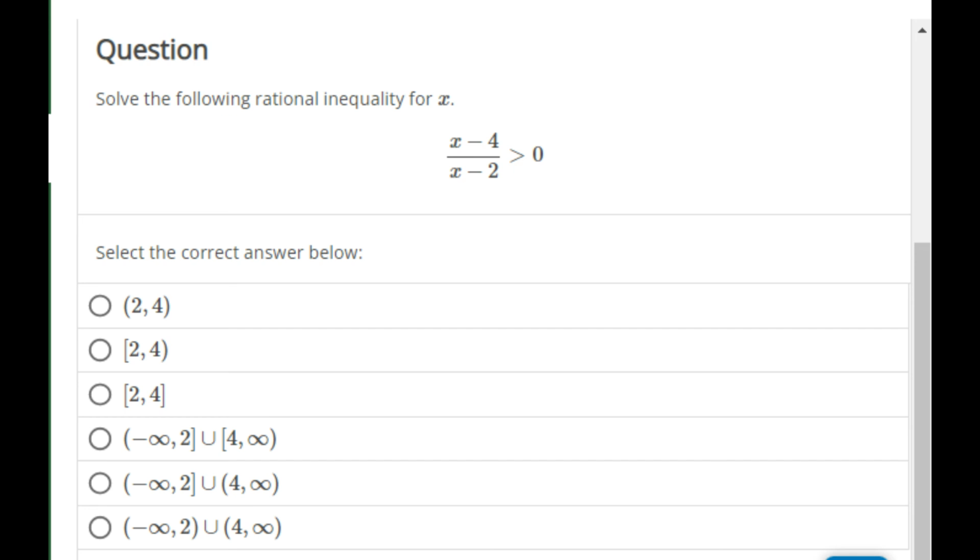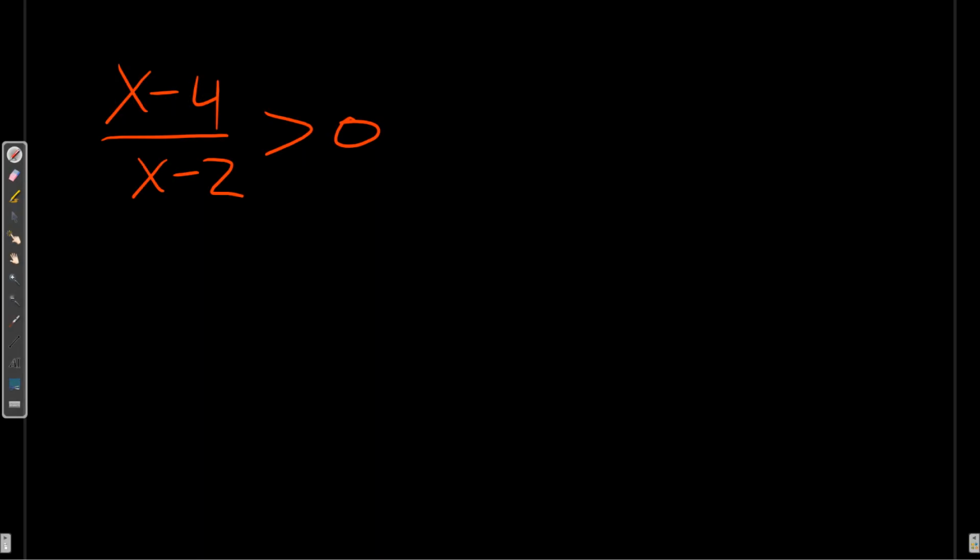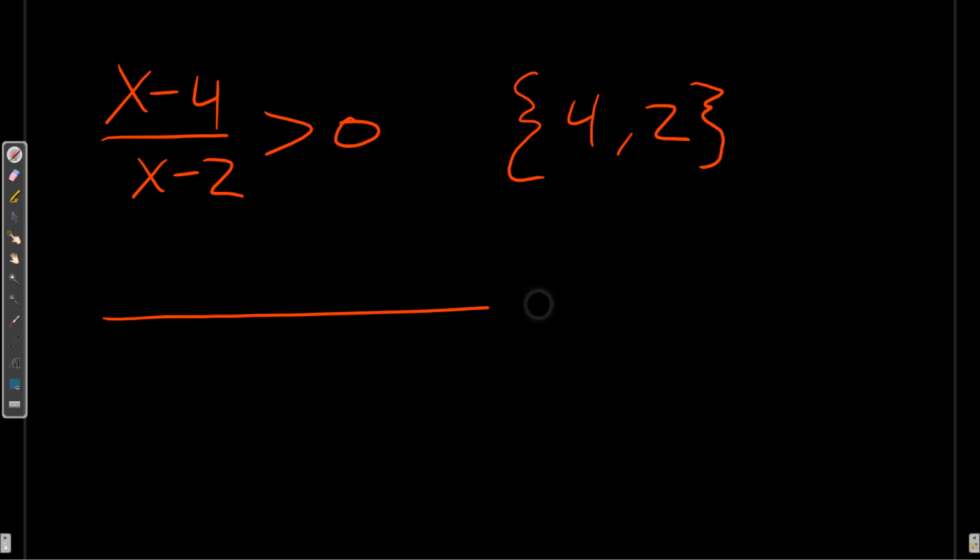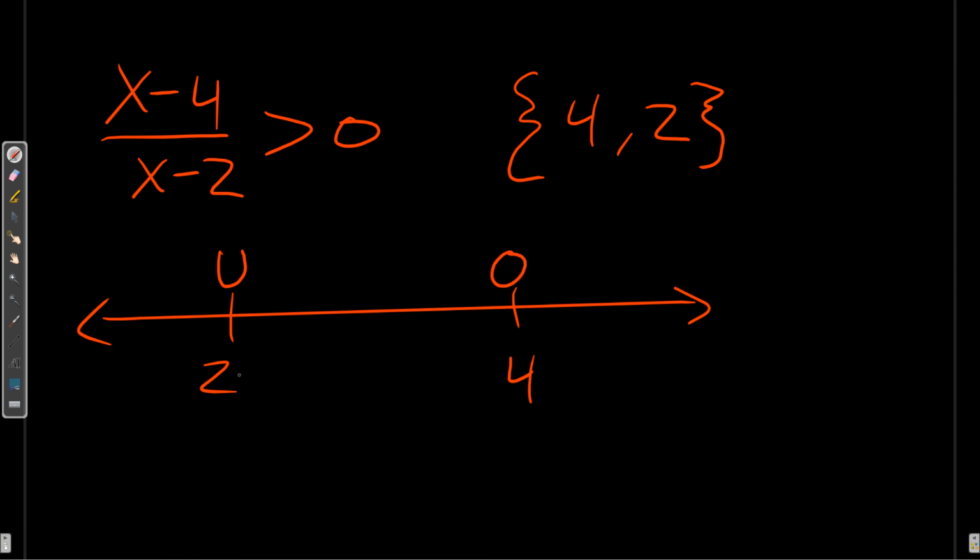The only time you could be using a bracket is if you had, let's say, a greater than or equal to, or a less than or equal to. So here's our problem. My partition points are going to be 4 and 2. Then here is my number line, and there's 2 and there's 4. It's undefined here, it's 0 there.